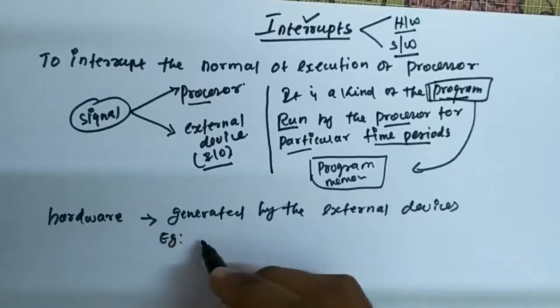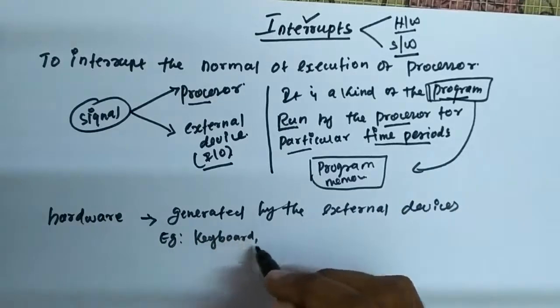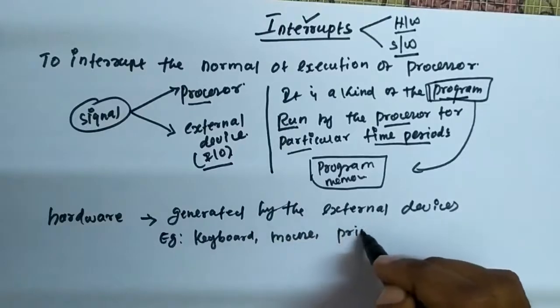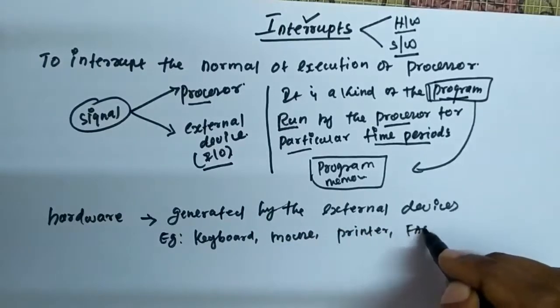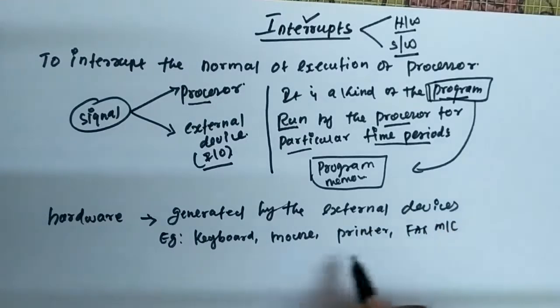Examples: keyboard, mouse, printer, fax machine, and so on. These kinds of input output devices are capable of generating an interrupt signal to the processor.